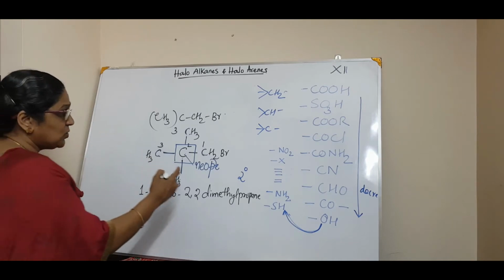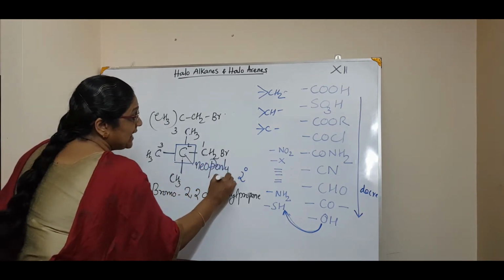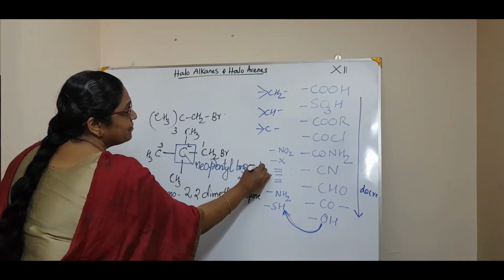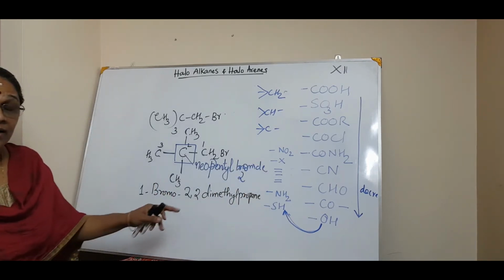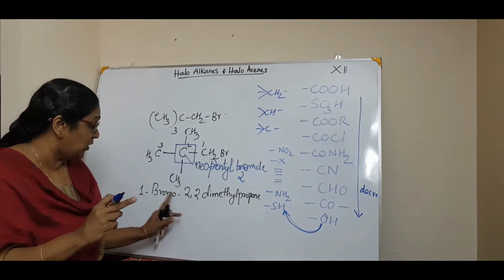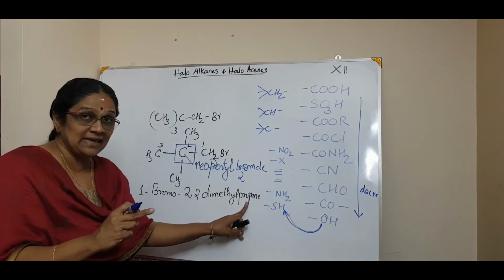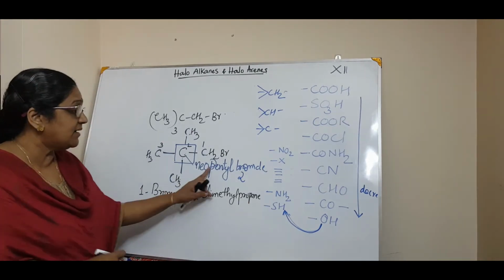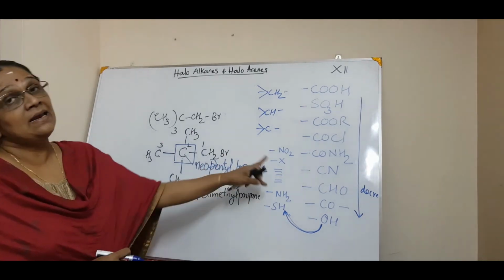Alkyl halide, so neopentyl bromide. See? The IUPAC name is haloalkane: halo, then comes alkane. Correct. Halo must be in the prefix. But here it is alkyl halide.